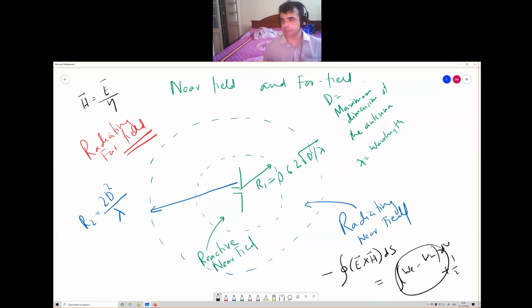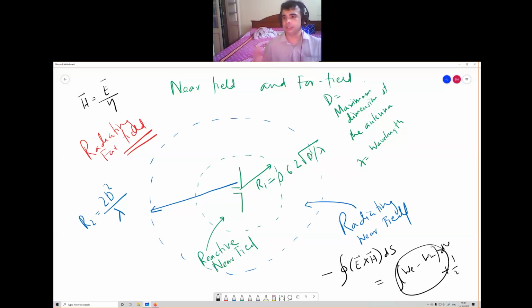When we derive the expressions of the E and H fields of antennas, we will find that some terms have 1 by r squared dependence, some terms have 1 by r cubed dependence. Obviously, when r is large, the terms with r squared and r cubed rapidly fall to 0.